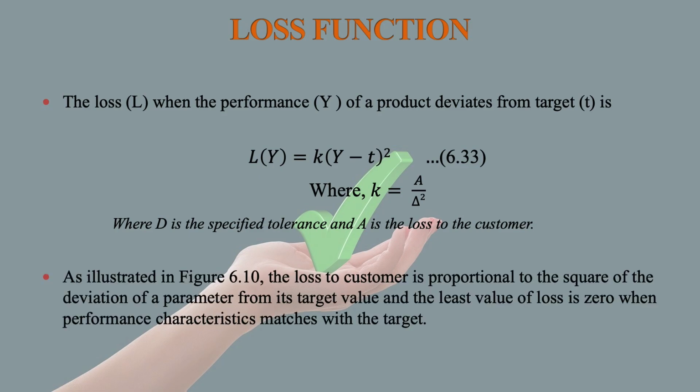As illustrated in figure 6.10, the loss to the customer is proportional to the square of the deviation of the parameter from its target value, and the least value of loss is 0 when the performance characteristic matches the target. Hence, this loss function is called nominal the best.